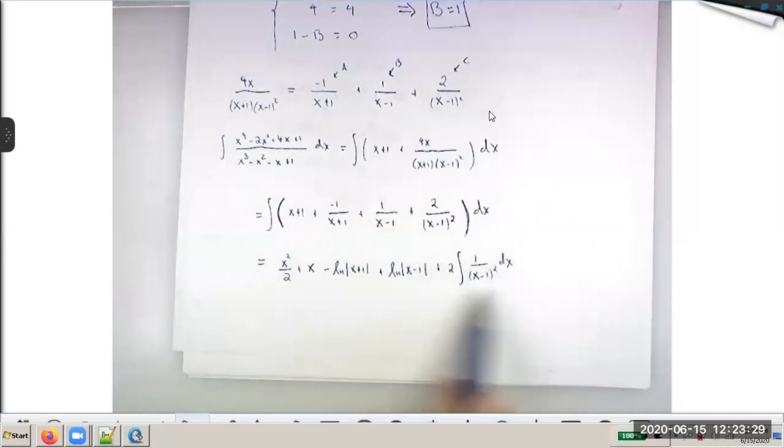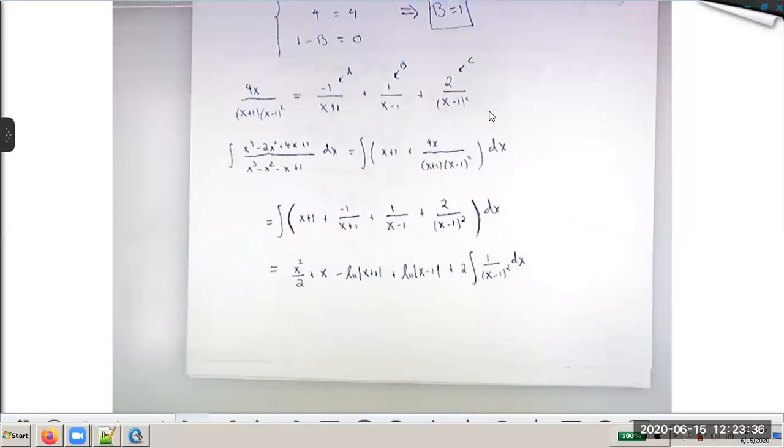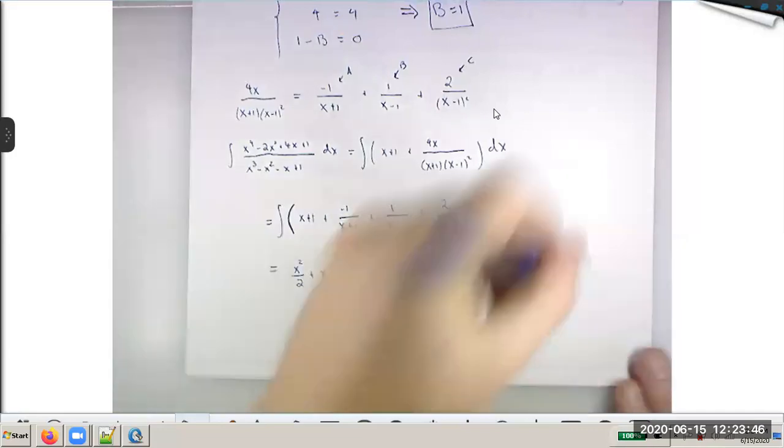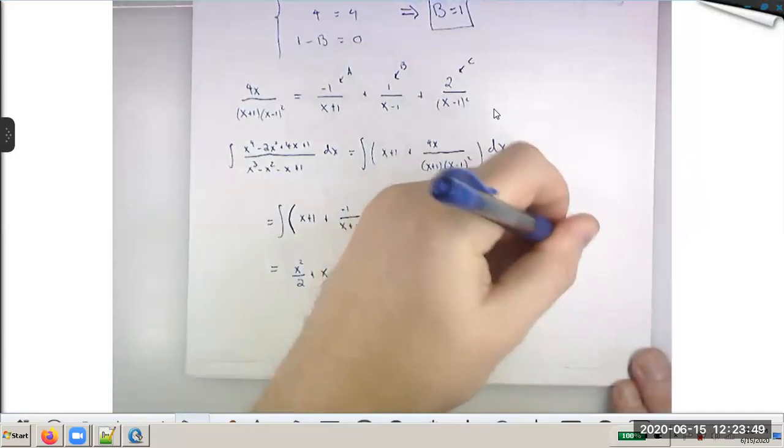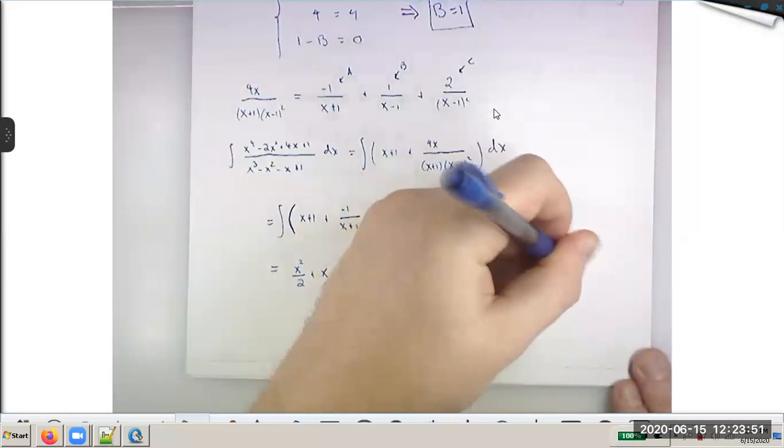Who can help me with this? Yeah, it's a little substitution. If I make the substitution z equals x minus 1, then dz is dx.